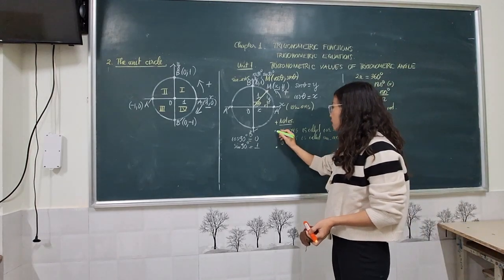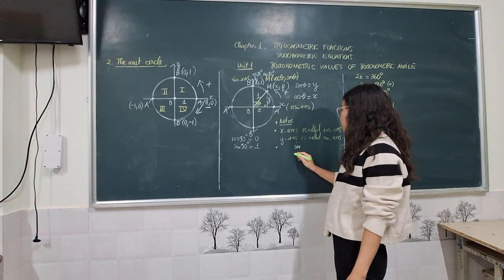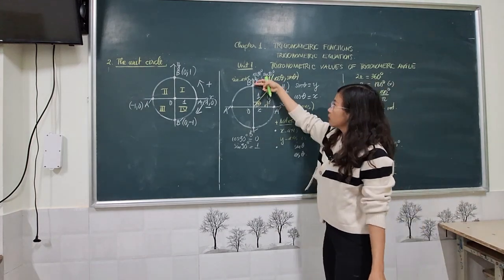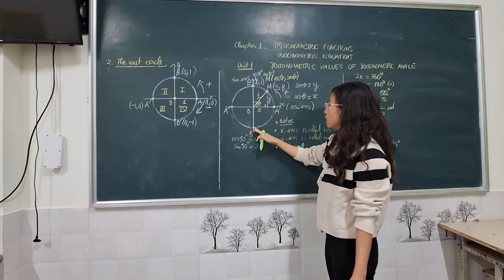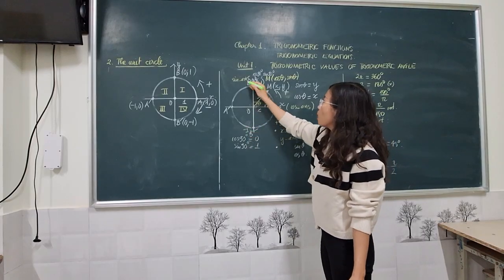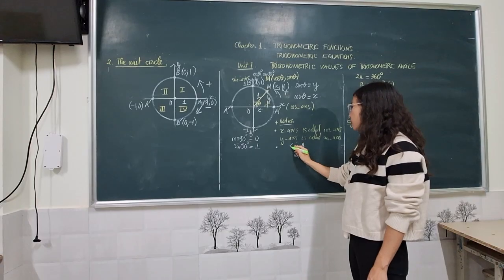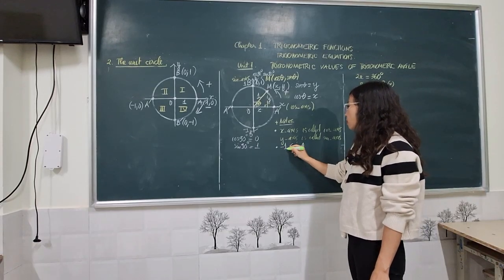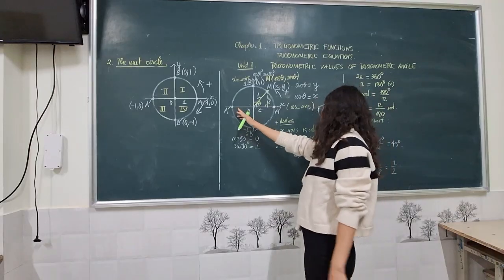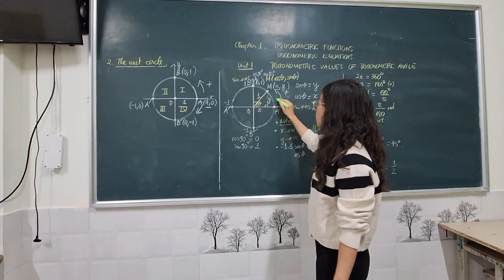And you can determine the values of sine and cosine. Now, look, sine theta goes from -1 to 1. That means the range of sine theta is from -1 to 1. And with the same logic for cosine, cosine goes from -1 to 1.